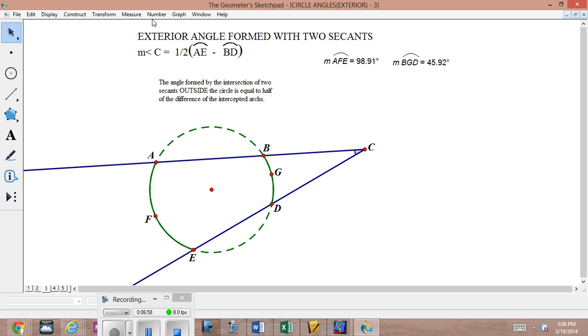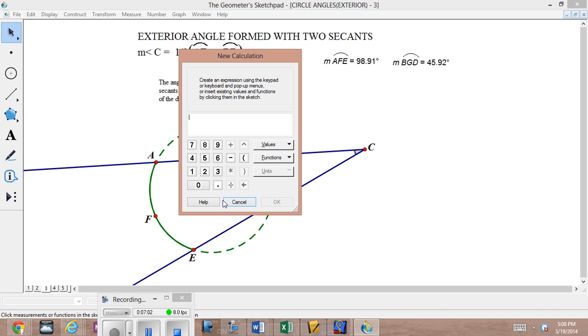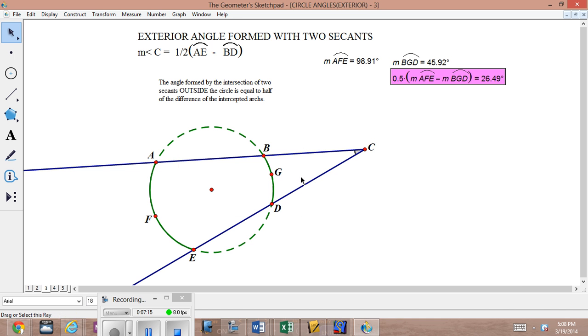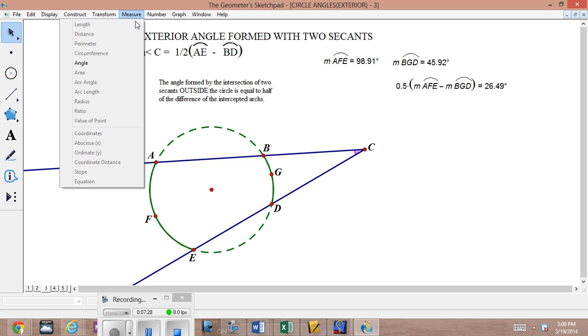Let's do that formula first. It's going to be 1/2, 0.5, times the difference, the largest one minus the smallest one. That gives me this value of 26.49. Now let's measure this angle C, and it is guaranteed that it will be the same value.